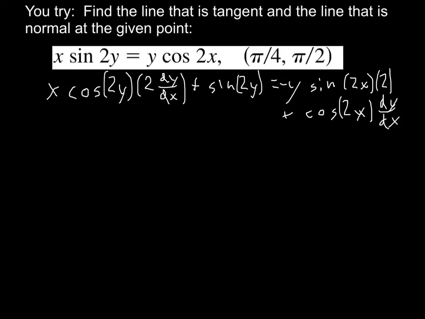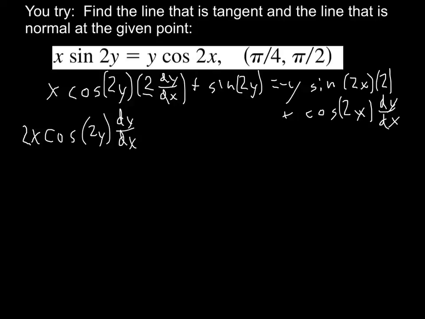So if I move some of these over, I would get x cosine 2x, because I move this 2 in front, cosine of 2y dy/dx.